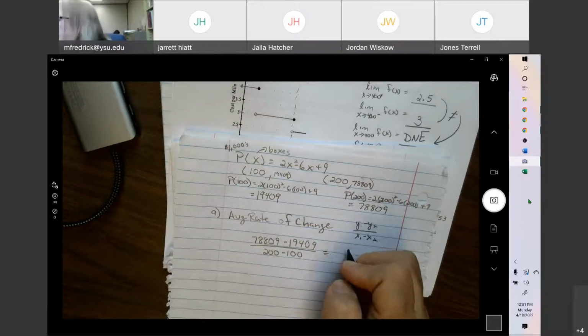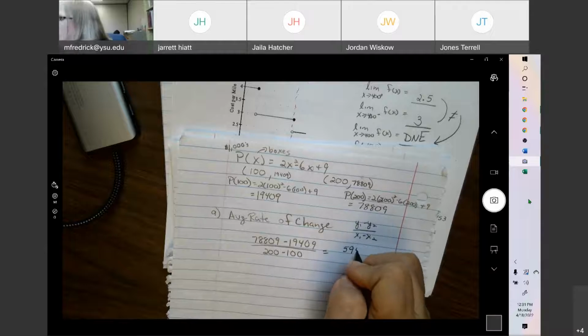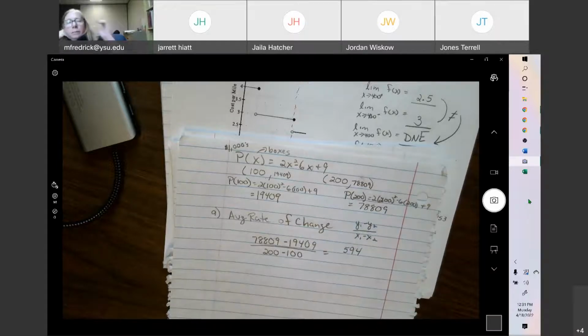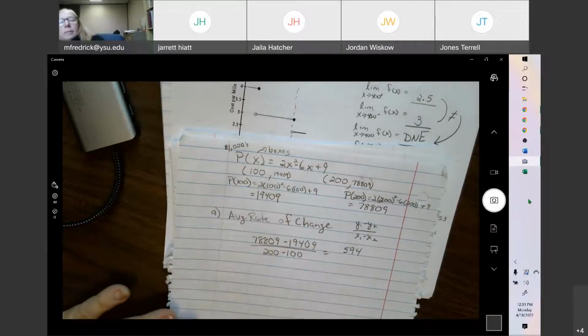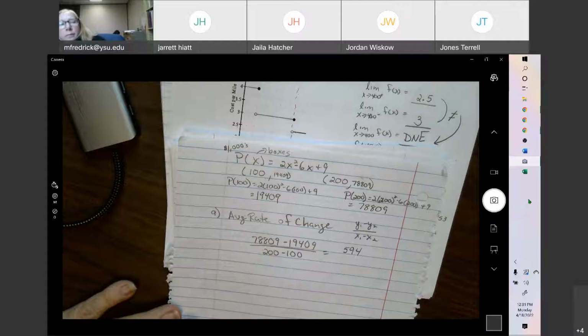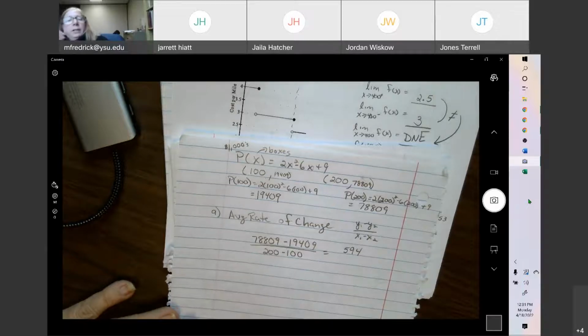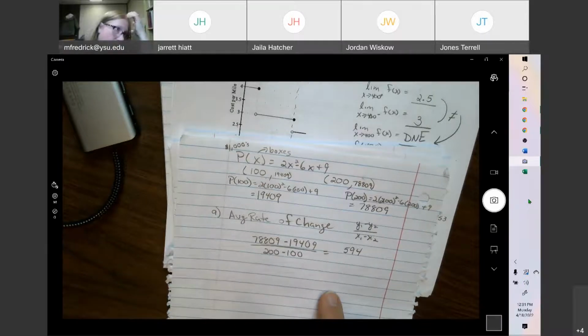We get 594. Any questions on getting the value?